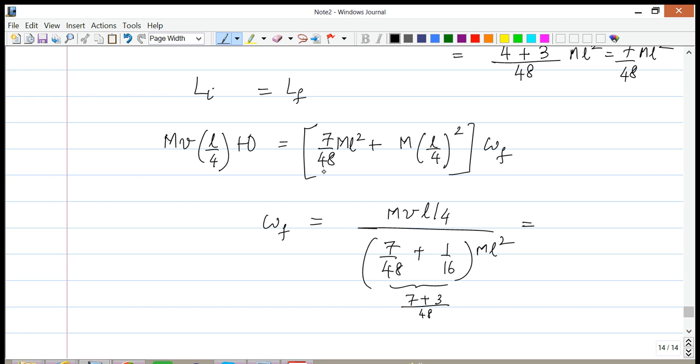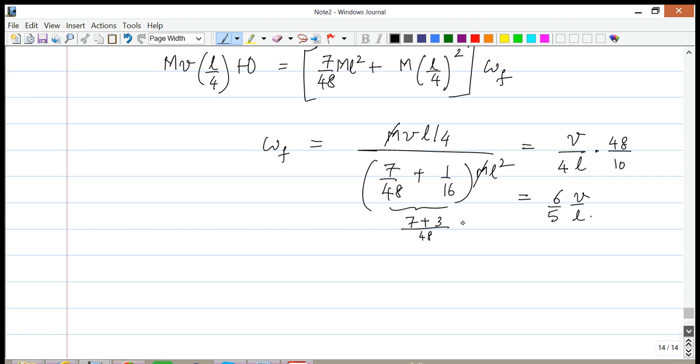So what we have is the masses cancel out, one of the L's cancels out, so you have v over 4L times 48 over 10, and this ends up being equal to, I hope I didn't make any silly mistakes here, 6 over 5 v divided by L for the angular velocity right after the collision.